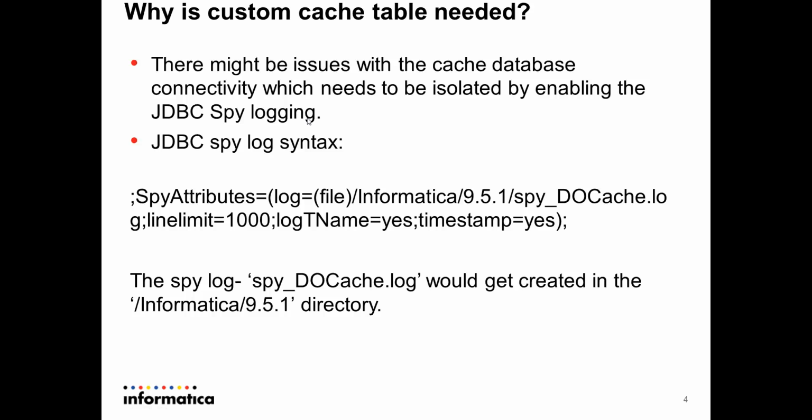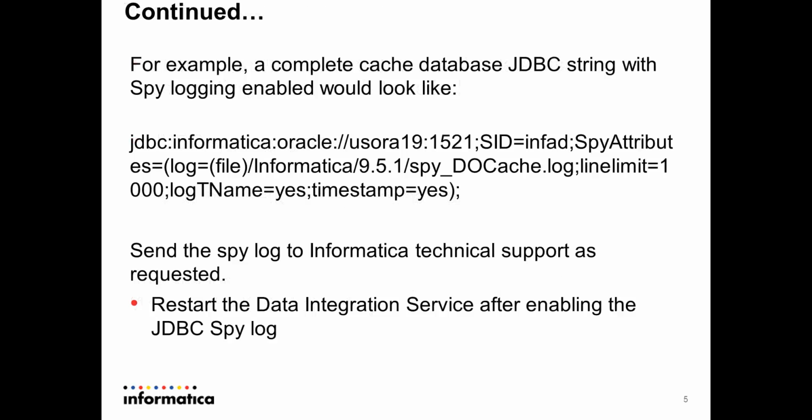Here I have provided the partial string that enables the spy logging, and here is an example of what the complete string would look like when we have added the additional parameters to the default JDBC string. After the string has been enabled, please do restart the data integration service for enabling the creation of the JDBC spy log.